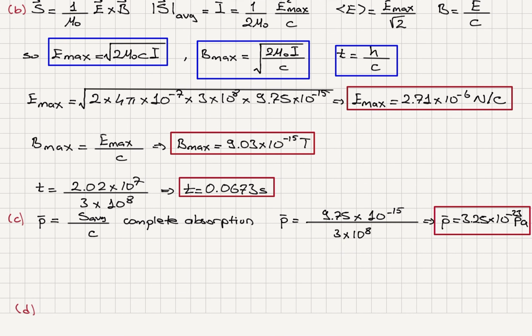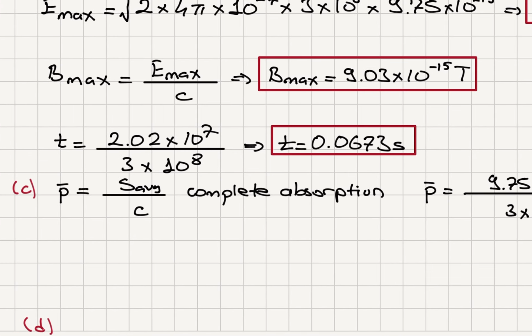Okay, so how did we reach this conclusion? The Poynting vector magnitude, the intensity, is the rate of energy flow, dU_EM/dt, divided by perpendicular area.